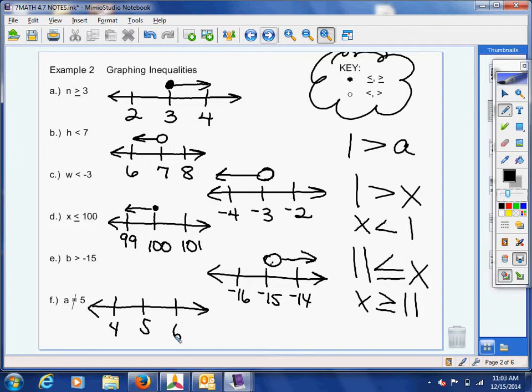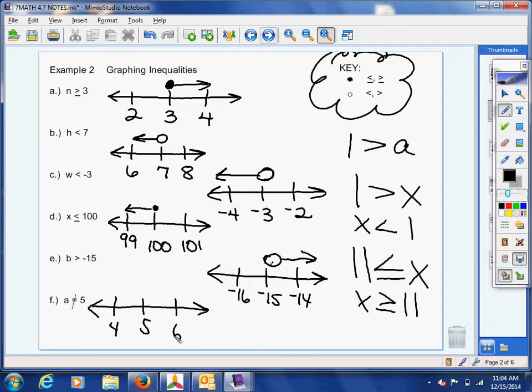This is what it says. A is not equal to 5. In other words, we're going to see a very unusual graph here.